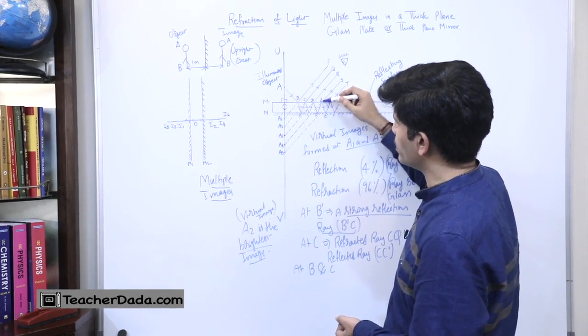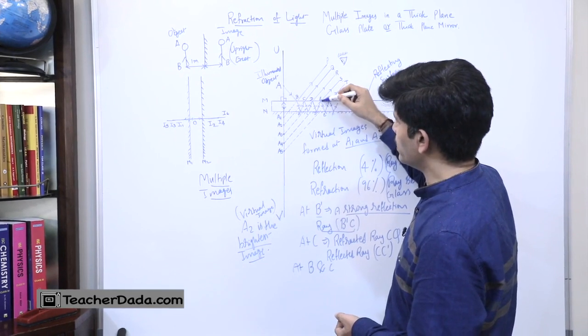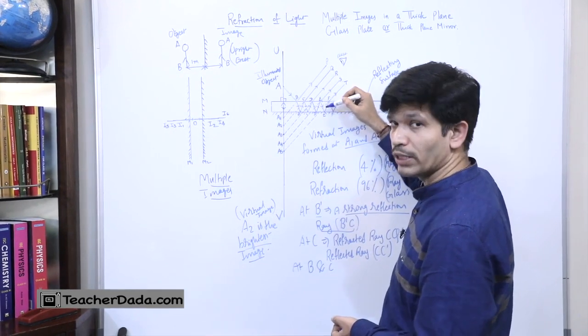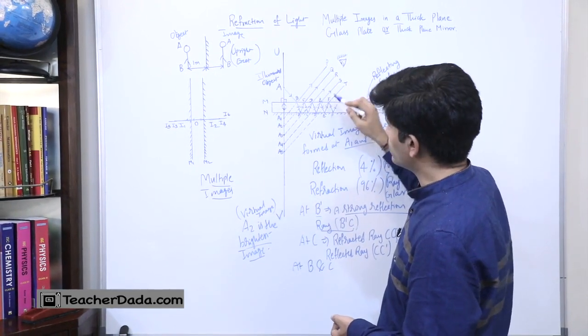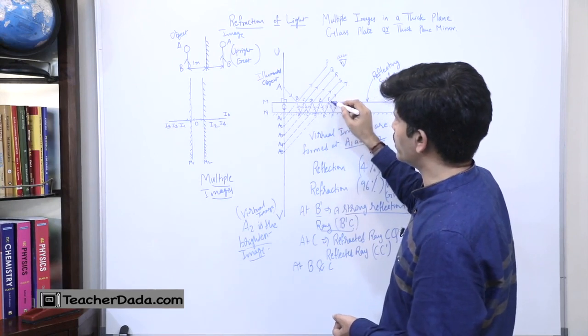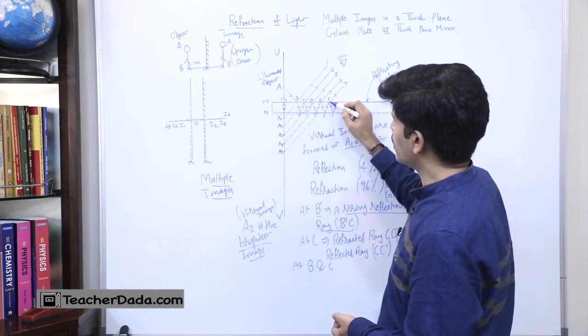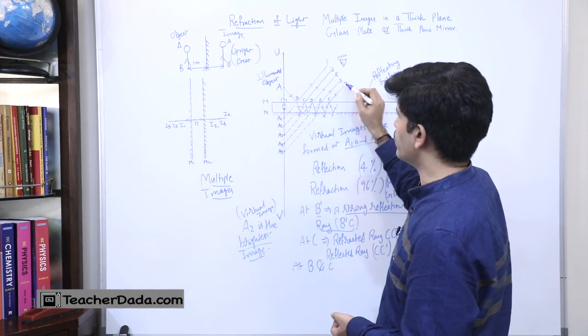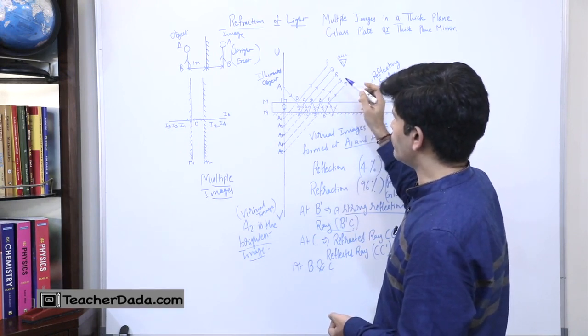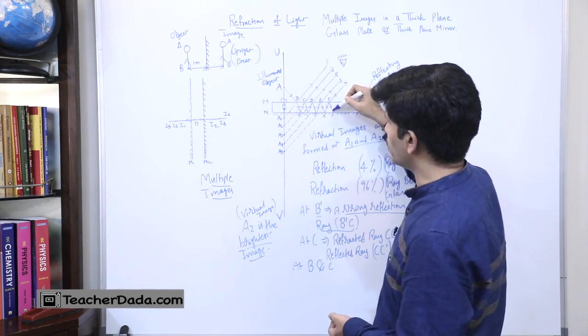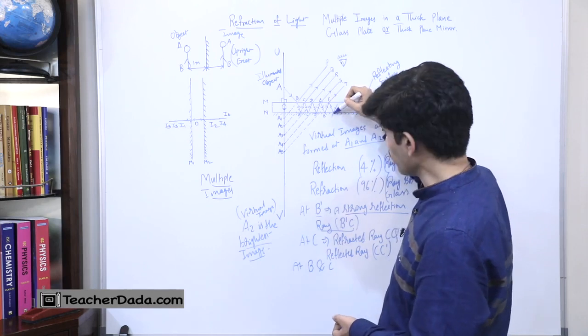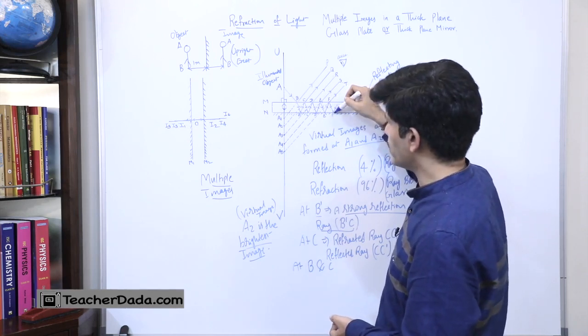At point E it will be reflected inside the thick glass plate, and that is E dash. At E dash again it will be reflected inside only, and at point F again it will be reflected as the ray FT. At point F again it will be reflected inside the thick glass plate, and that will be ray FF dash.